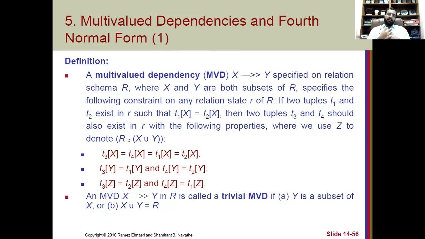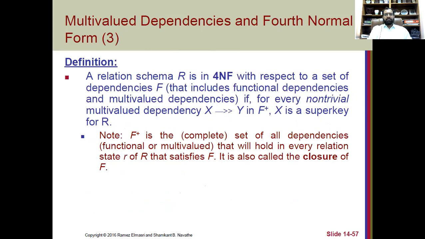An MVD is also called a trivial MVD where Y is a subset of X. In other words, you can define this in this way: a relation schema R is in 4NF with respect to a set of dependencies F if for each non-trivial multi-valued dependency X multi-determines Y in F plus, X is a super key for R.